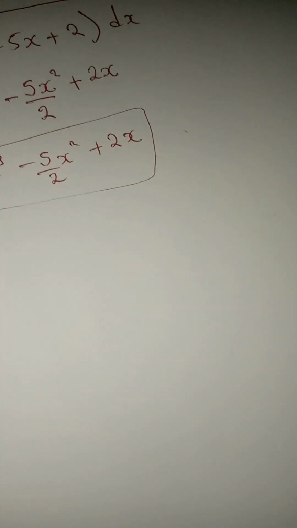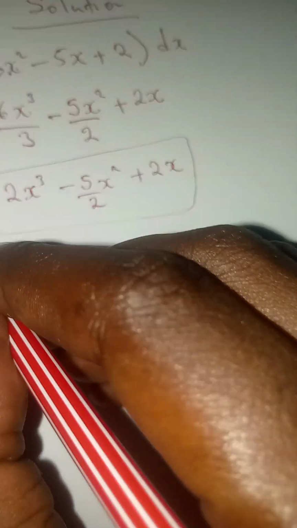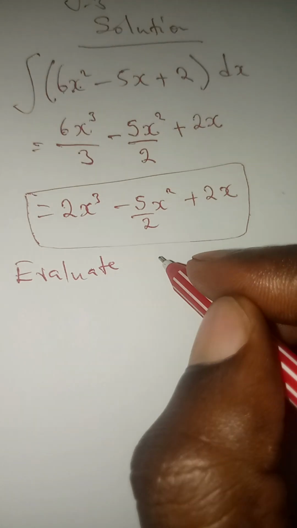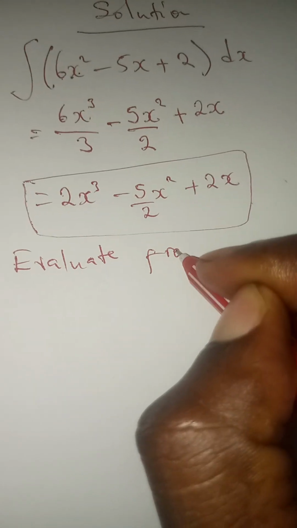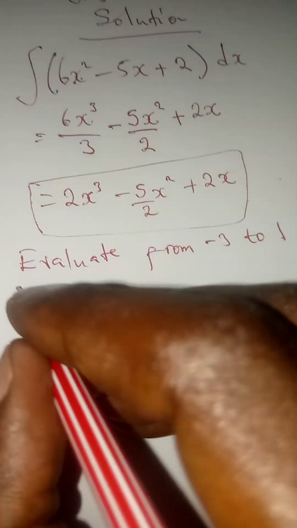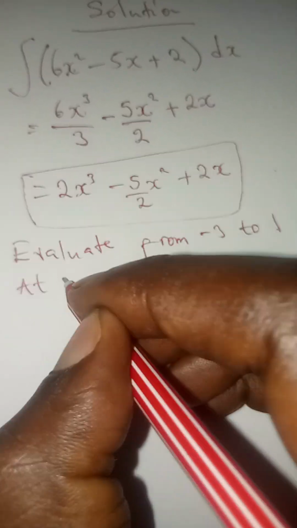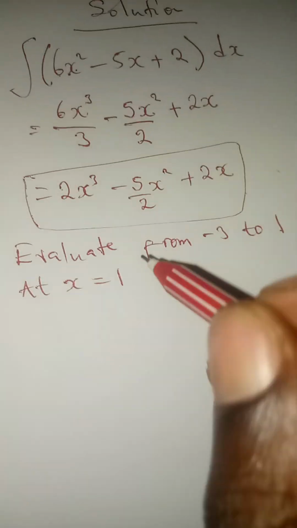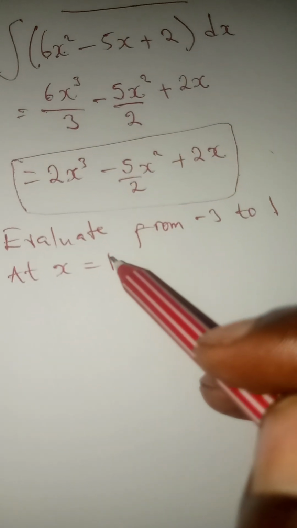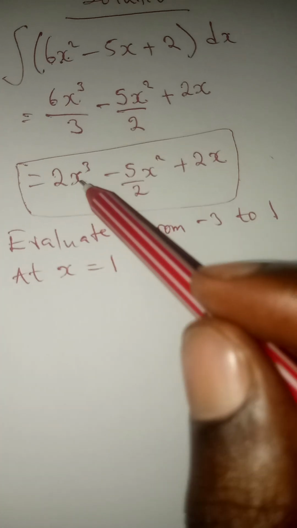So now let's go to the main issue. We want to evaluate from negative 3 to 1. We'll start at x equals 1. At x equals 1, what is this equation? Where there's x, we replace it by 1.